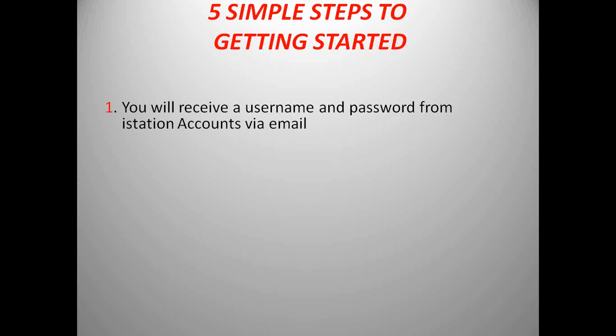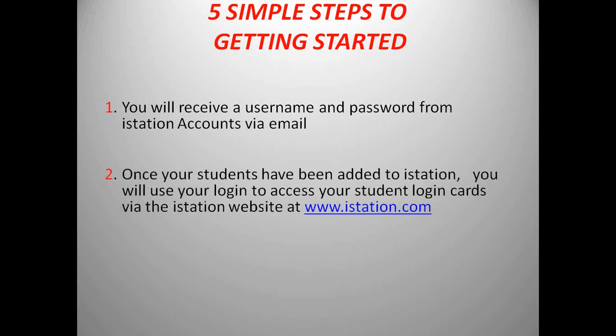Once that is received from your campus or your district, then we are able to generate that information here at iStation and send an email out to you from iStation accounts, and that will contain your username and password that will gain you access to the iStation website. And that leads us into step 2.